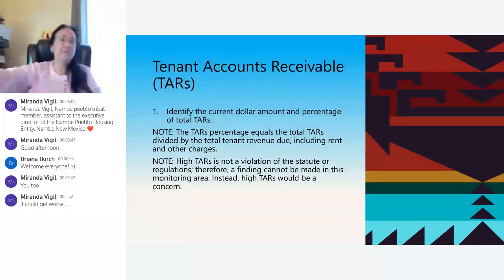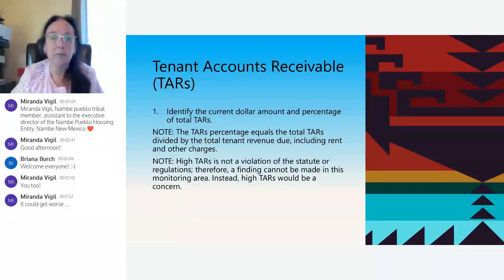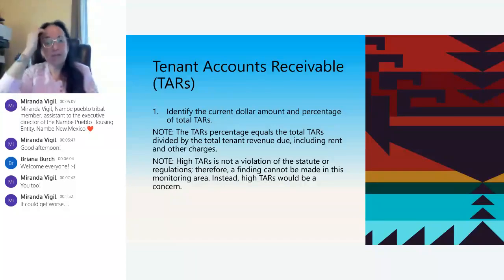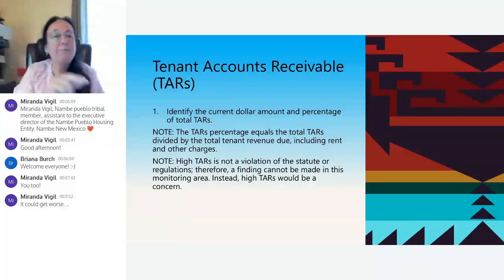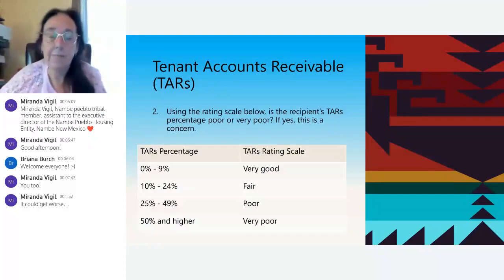This is what happens on this day. So your TARs percentage equals the total TARs divided by the total tenant revenue due, including rent and other charges. High TARs is not a violation of the statute or regulations. Therefore, a finding cannot be made in that monitoring area. Instead, high TARs would be a concern. So as I said, you still have to answer it.